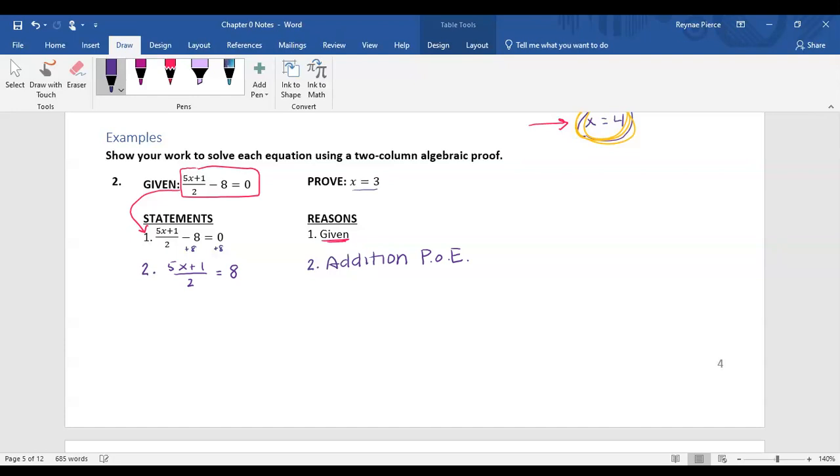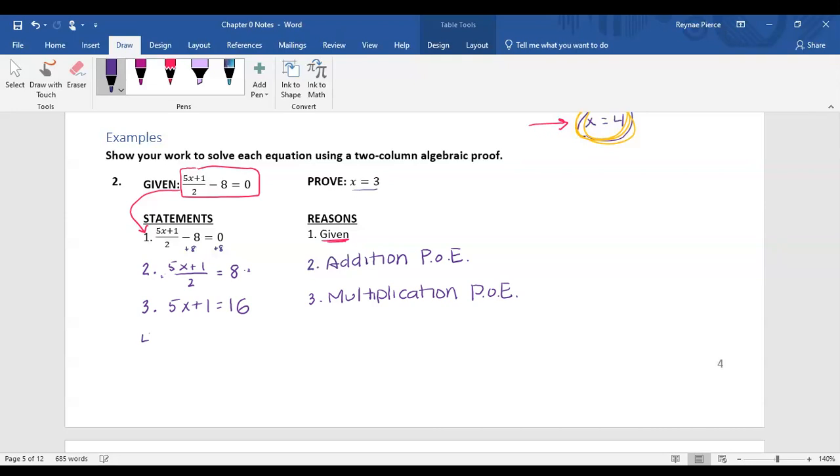Next, personally, I'm going to multiply both sides by 2. That would be the multiplication property of equality. Left side, I'm left with 5x plus 1 equals 16.